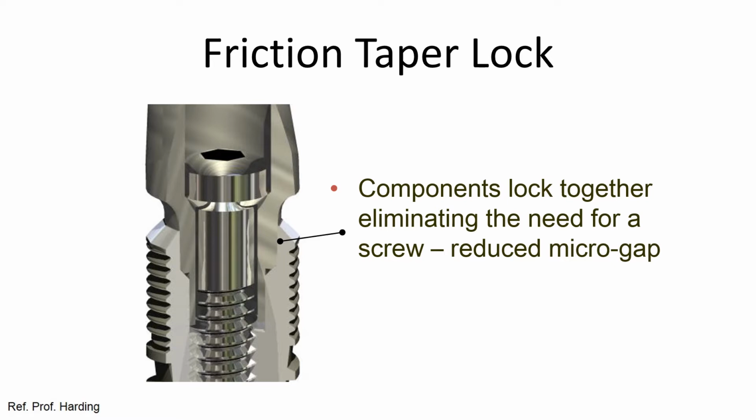And as I say, this is very important when we come to look at the long-term stability of the restoration, in that if an implant abutment works loose, you're going to have the extra clinical time to put it right.